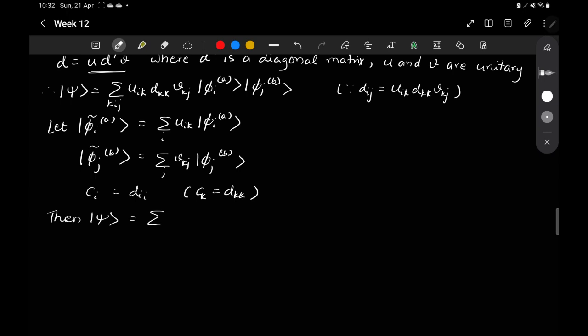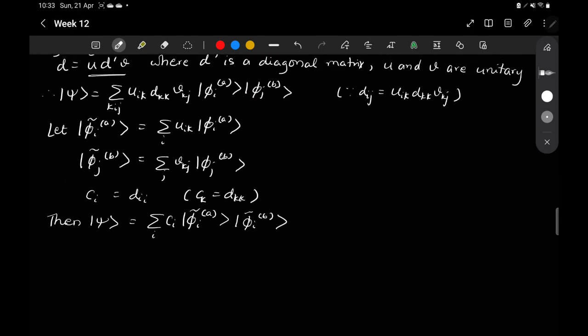This index is just a dummy index. We can just replace k with i, here also j with i, and this is what we get. This is the Schmidt decomposition.